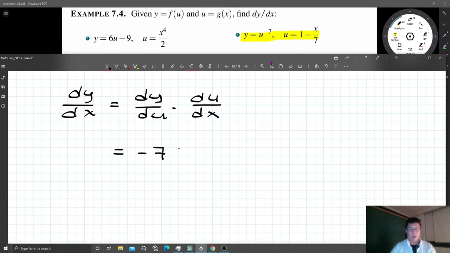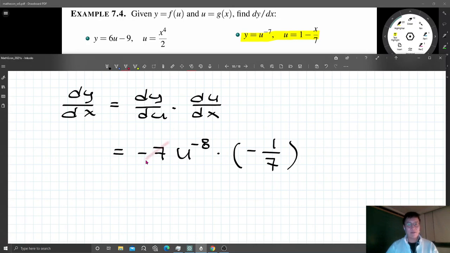And we take 1 away from the power, so the new power becomes negative 8. Right? And du over dx, the derivative of u with respect to x: 1 goes away, and x becomes 1. So we are left with negative 1 over 7. Oh, this is simple. So negative 7 will be cancelled by negative 1 over 7.